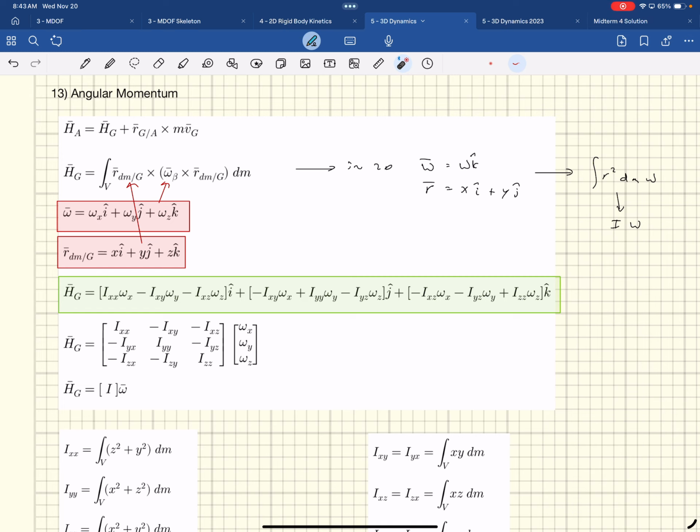In matrix notation, this is what it looks like. These are equivalent to each other. If you write it out in equation form, it's up above. You write it out in matrix form, it's down below. Remember how matrices work? Take matrix multiplication: you take these three, flip them up, multiply by the corresponding terms, add them up, and that's your upper one.